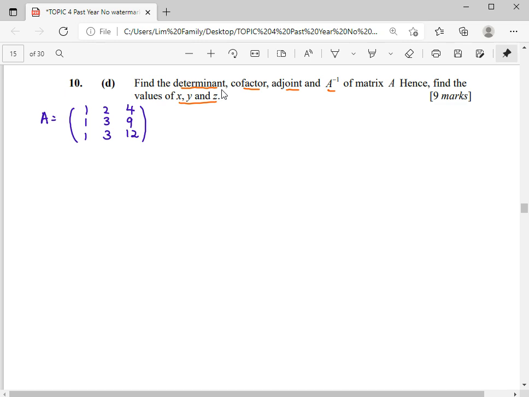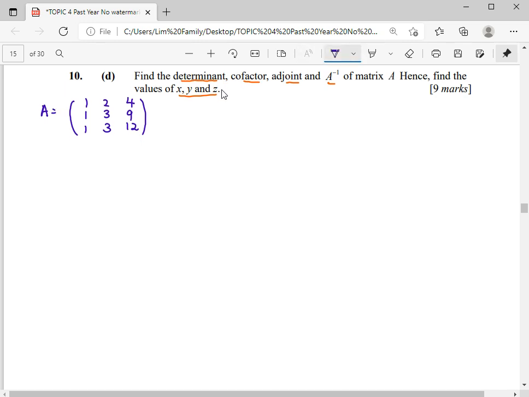First of all, find the determinant of A. I will expand using the first row. This is element times minor, minus element times minor, so A11 minus A12, then A13.